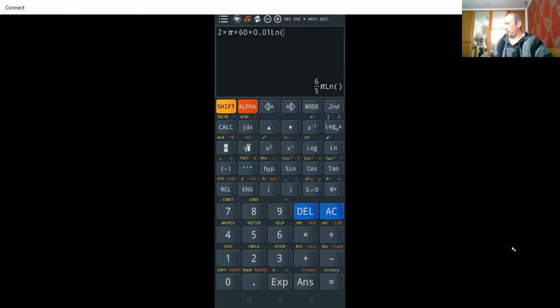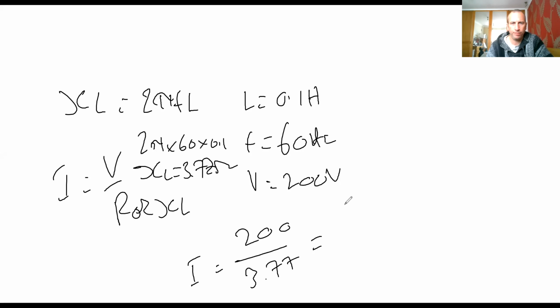All right, let's clear that. So 200 over 3.77 equal to, we got 53 amps. Okay, so that equals 53 amps. Okay, so that is all you have to do for about 4 questions there.